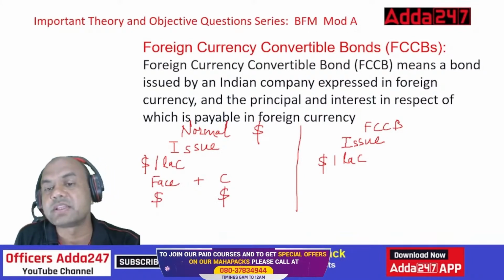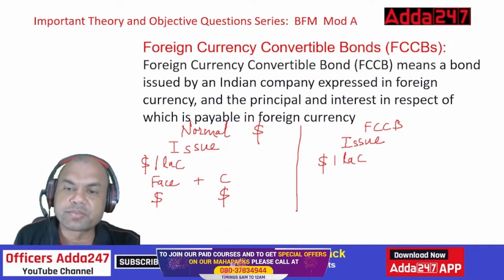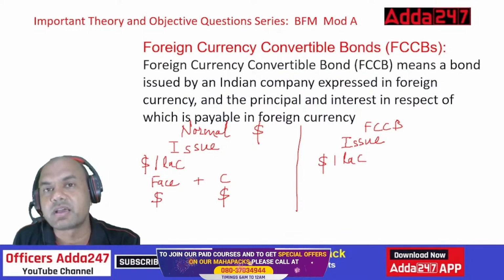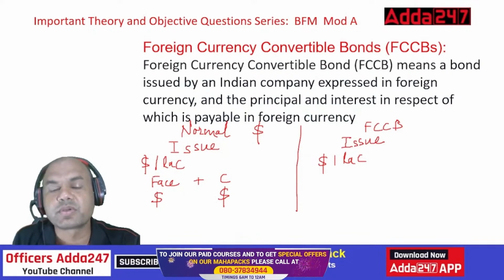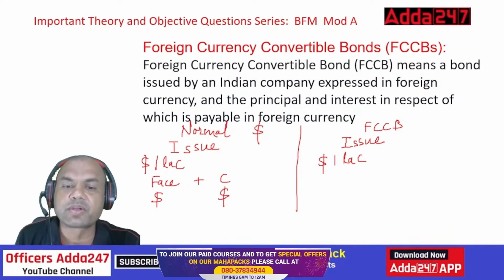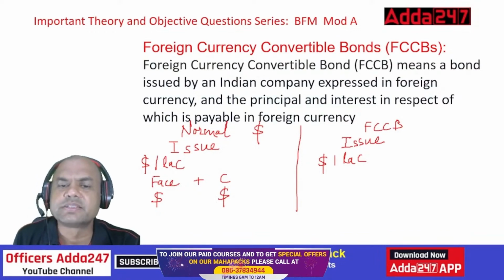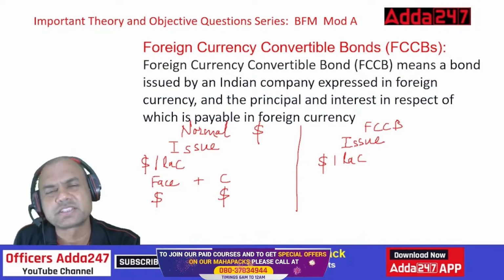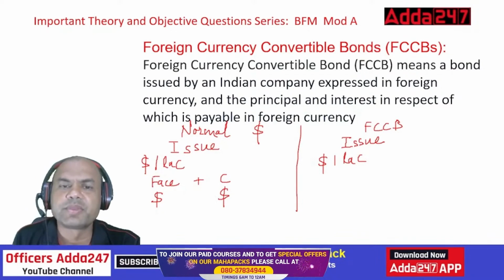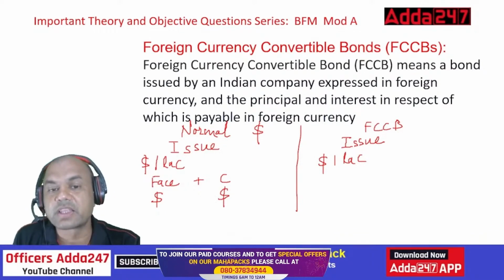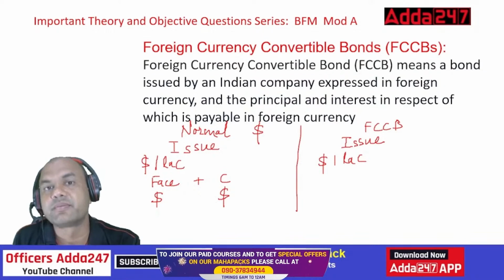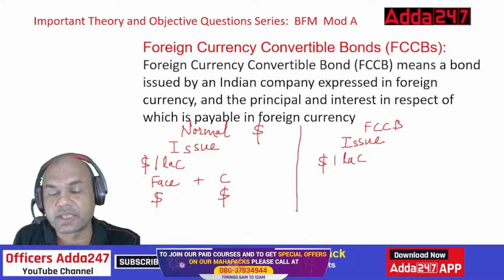Now what happens in FCCB? In FCCB, when I issue the bond, I'll give a conversion option. Conversion means I can tell the customer who has bought this bond that instead of giving you the coupon every 6 months or every year, at the maturity I'll give you the entire amount along with the interest arrears.